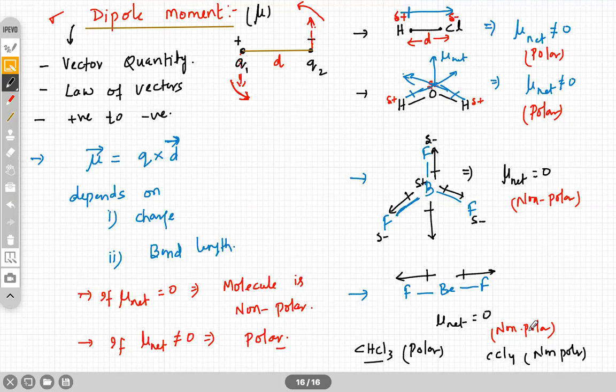CH2Cl2 is polar. CHCl3 is also polar. You just need to check whether there is any net dipole moment or not. You don't have to bother about the magnitude of dipole moment. That is it.